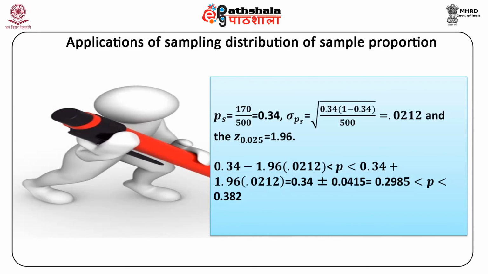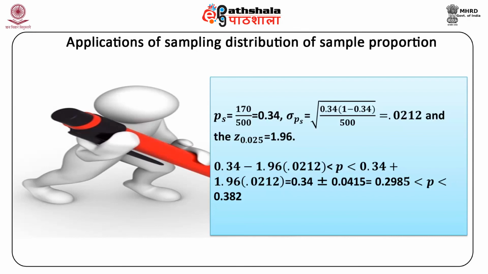We also find that sigma Ps is equal to the square root of 0.34 into 1 minus 0.34 upon 500. This is equal to 0.0212, and Z 0.025 is 1.96.